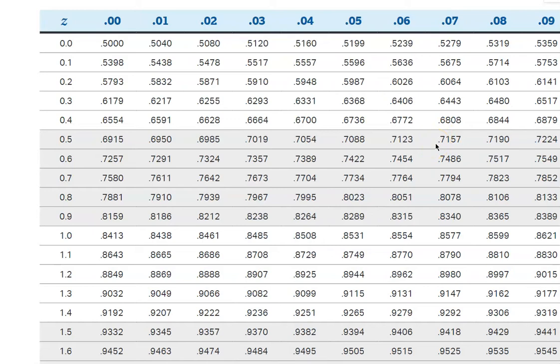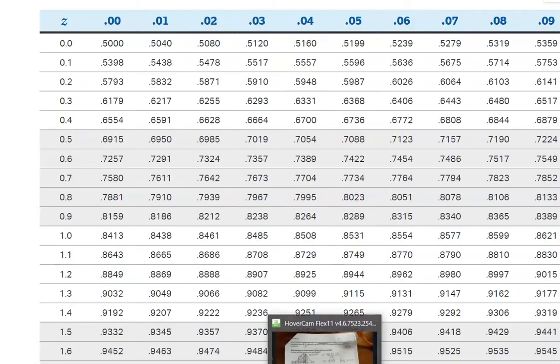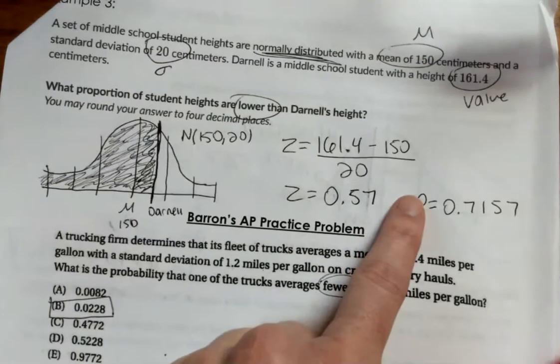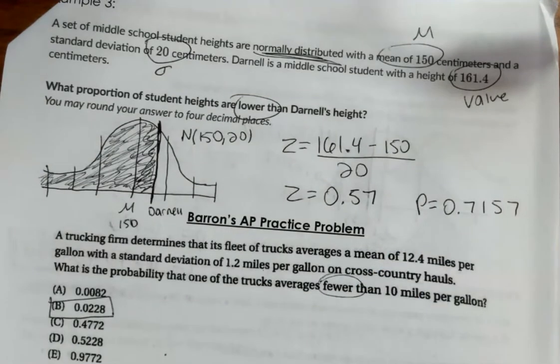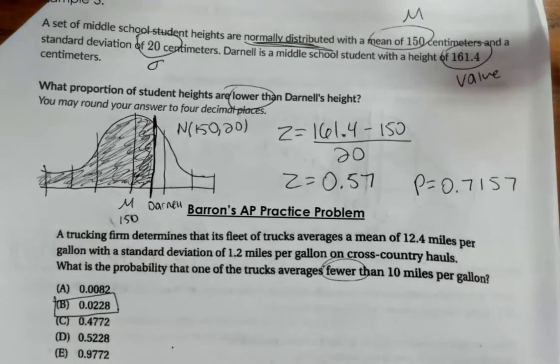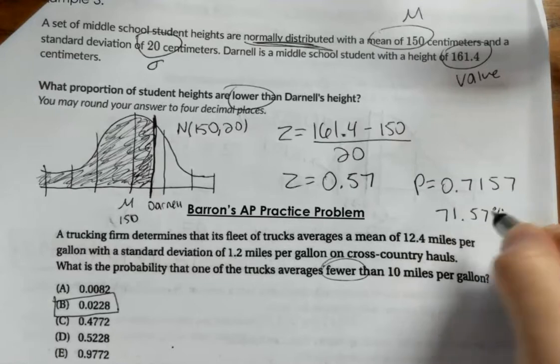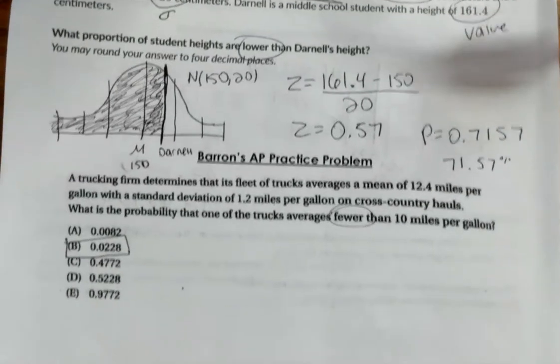So I'm going to write P is equal to 0.7157. That's the proportion of student heights that are lower than Darnell's. To write it as a percentage, it would be 71.57% of heights are lower than Darnell.